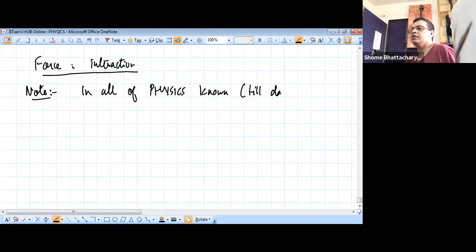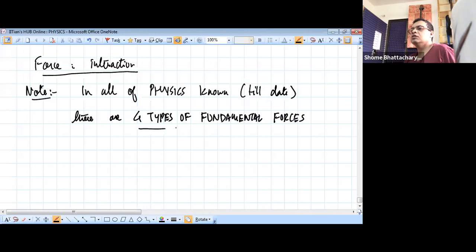So till date, whatever we know in physics, there are 4 types of what we call fundamental forces.